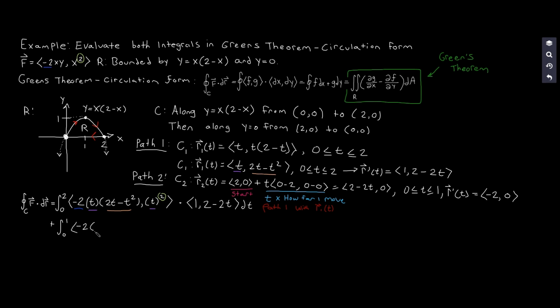But in this case, x is 2 minus 2t. Where is it? Right here. And y is 0 right here. That whole thing is our x component. And for our y component, we're going to grab our y.